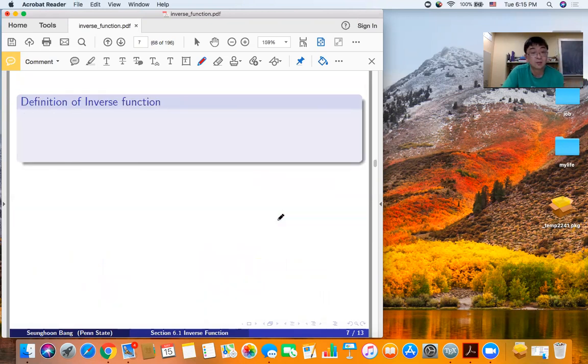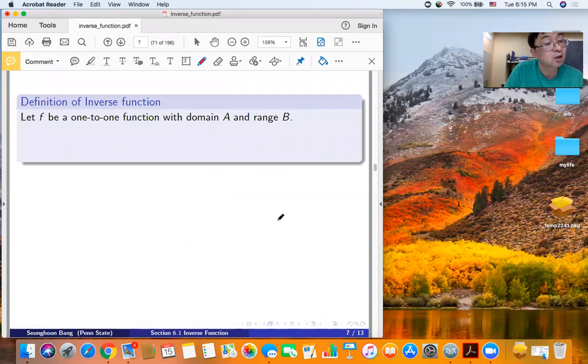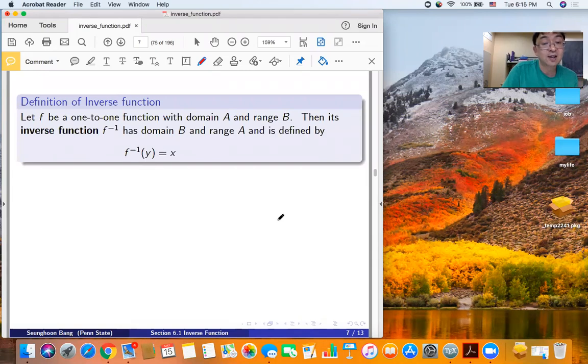The next one, the definition of the inverse function. f is a one-to-one function with domain A and range B. The inverse function, with notation f to the minus 1, has domain B and range A. It is defined by: f inverse of y equals x is equivalent to f of x equals y.